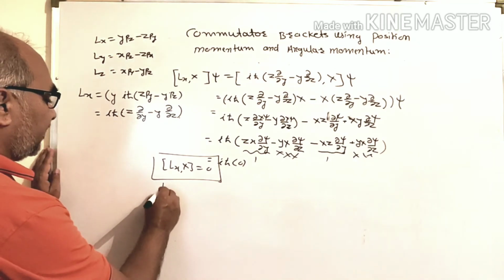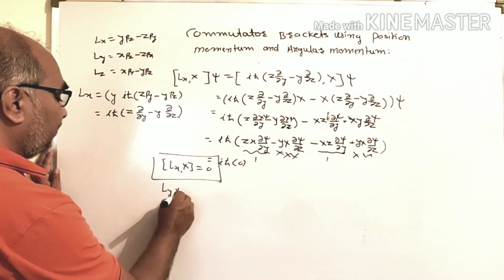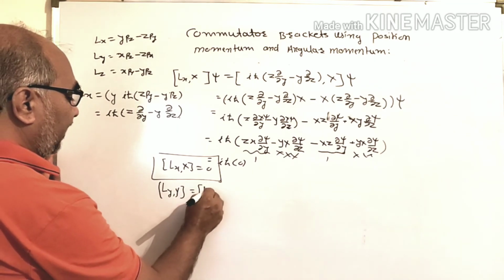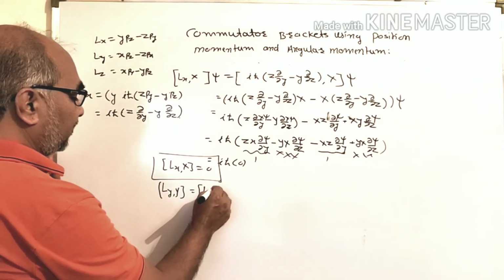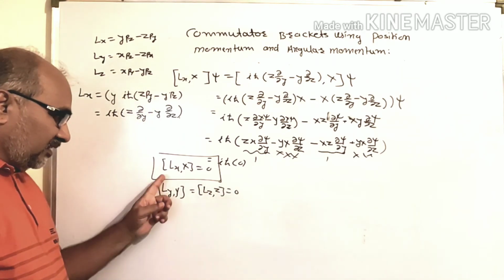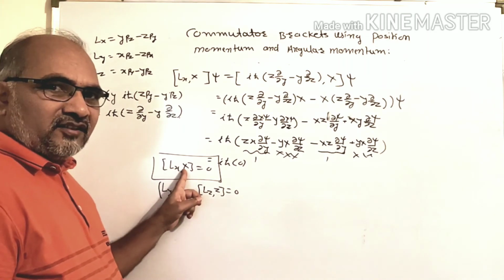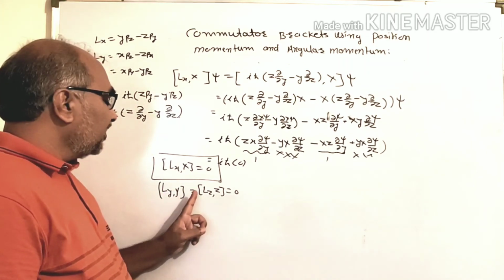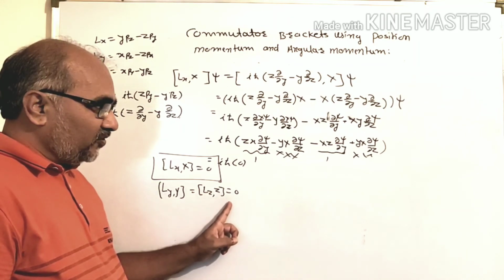Similarly, Ly with y and Lz with z are equal to 0, meaning Lx and x commute with each other, and likewise for y and z.